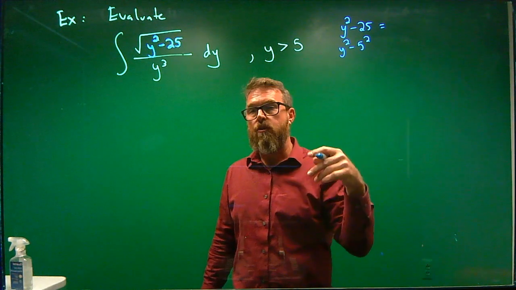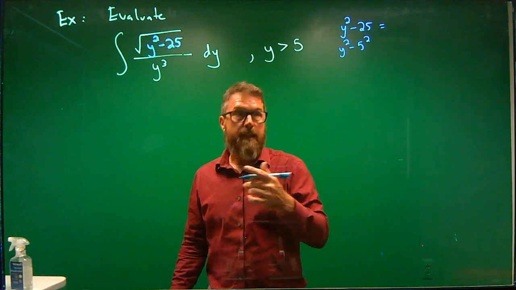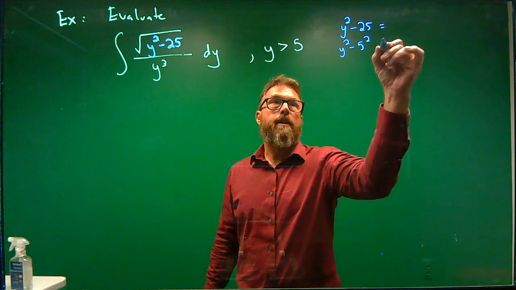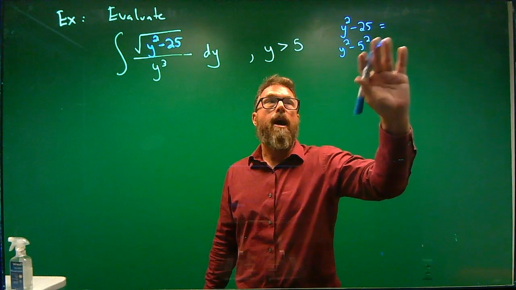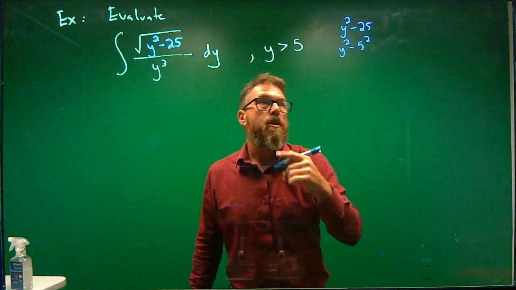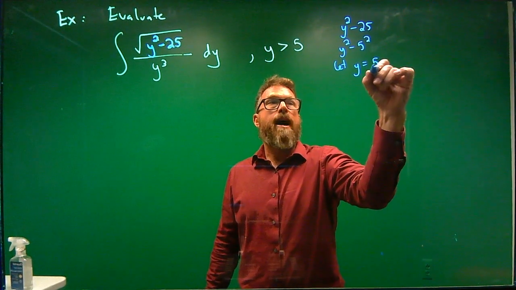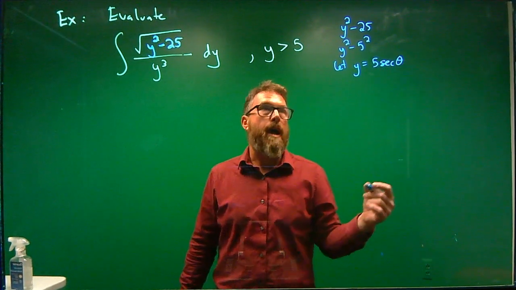This is going to be equal to a secant of theta. So I'm going to let y equal a secant of theta. I'm trying to fit this in here with this piece right here. So we're going to let y equal 5 secant of theta, and let's see what happens to this expression.